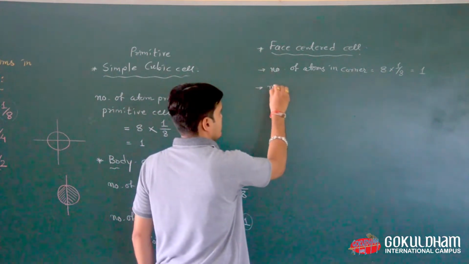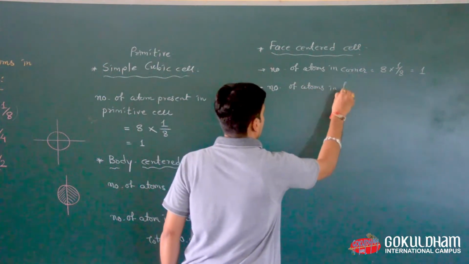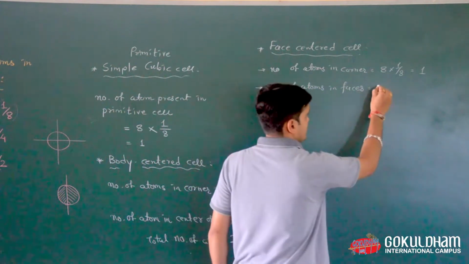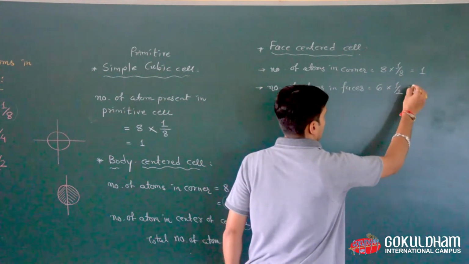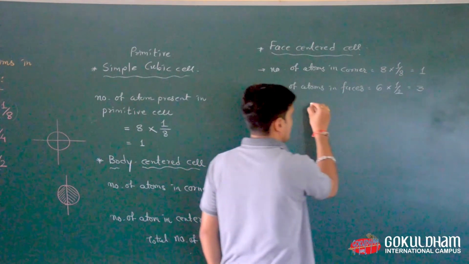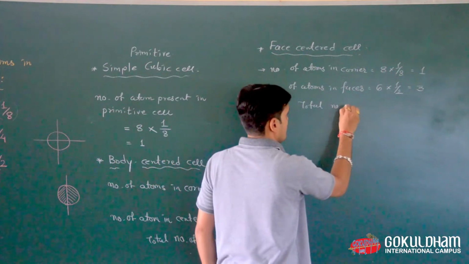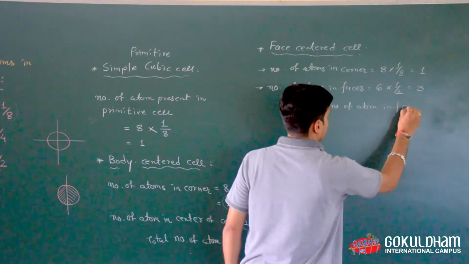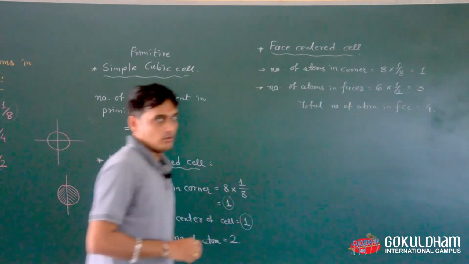And according to the definition, the number of atoms in faces, a total of 6 faces are there and you have to multiply by 1 by 2. Your answer is 3. So the total number of atoms in FCC is equal to 4.